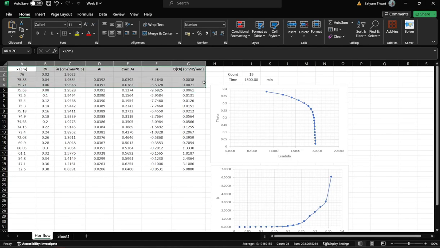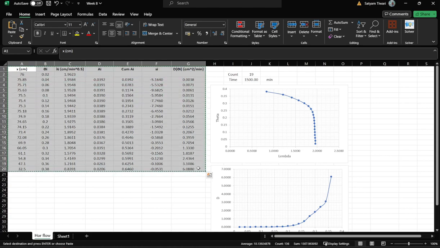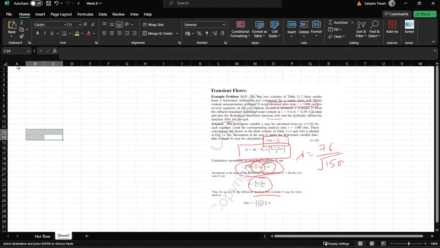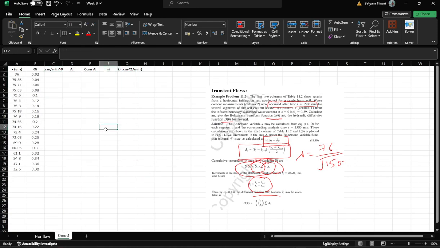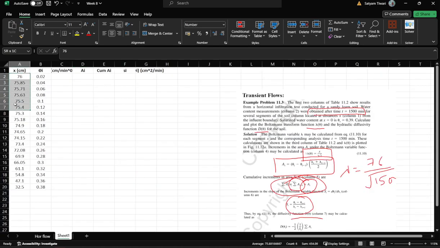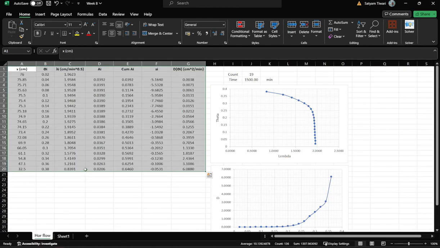I'll be copying these terms here for better understanding. In the question, we have been provided with two values, the x value and the theta I value.